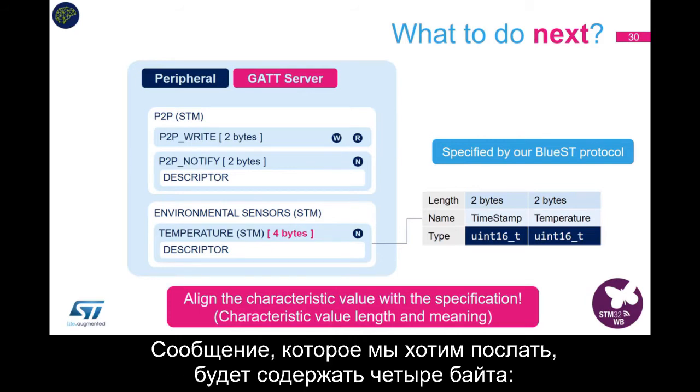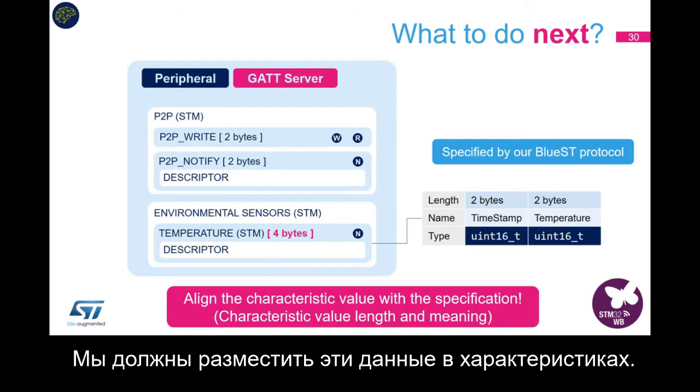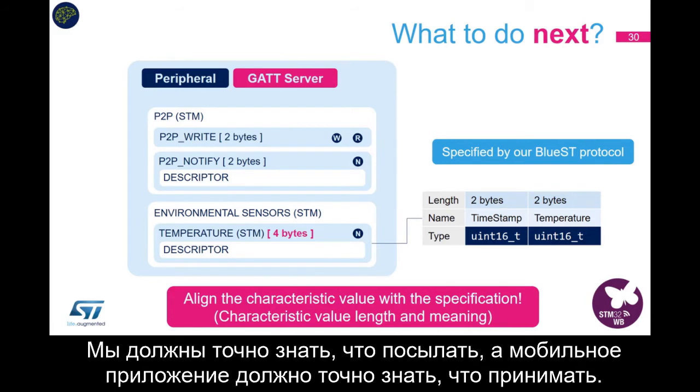The packet that we want to send is 4 bytes: 2 bytes for a timestamp and 2 bytes for a temperature reading. We now need to align those in our characteristics, so we've got to start editing our characteristics so that we know exactly what we're sending, and so the phone app knows exactly what it's expecting to receive.